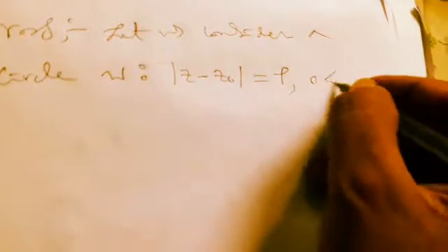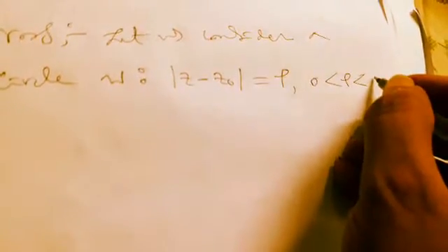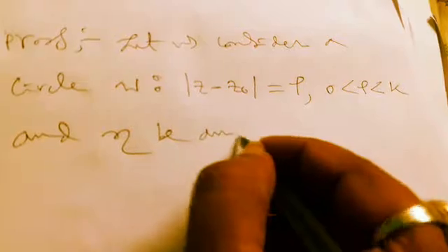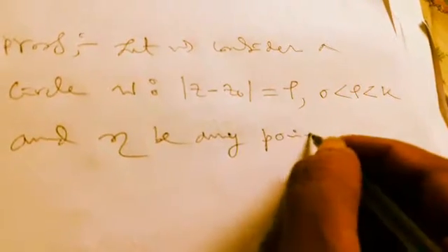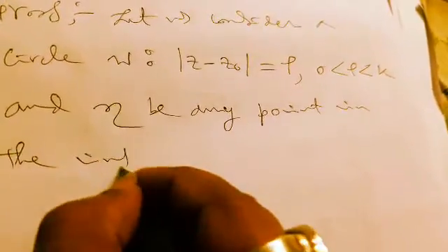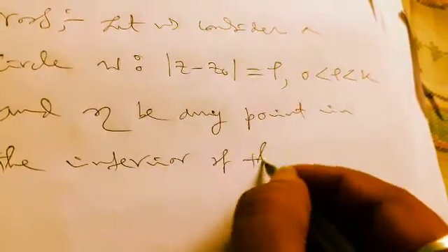For the proof, let us consider a circle omega such that mod of z minus z0 equals rho, for 0 less than rho less than k, and let eta be any arbitrary point in the interior of the circle.